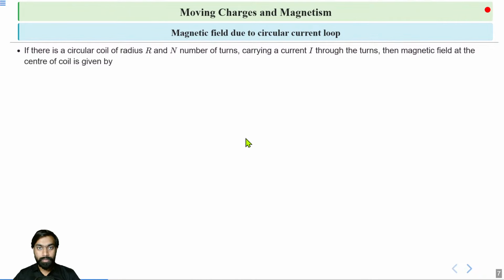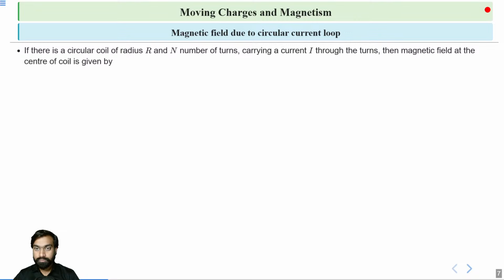Now we will discuss magnetic field due to circular coil and circular arc. Firstly, we will talk about magnetic field at the center of a circular coil. Consider a circular coil made of wire with radius R and N number of turns, that is loops.